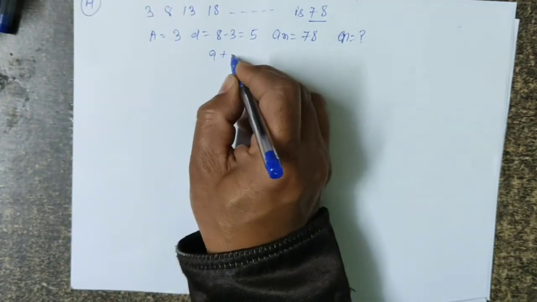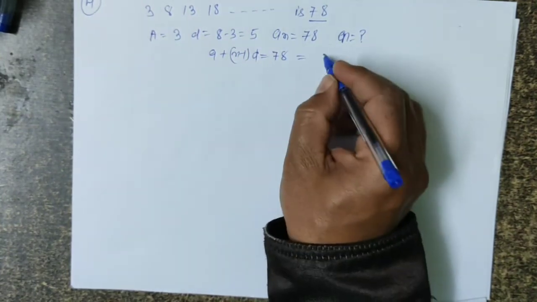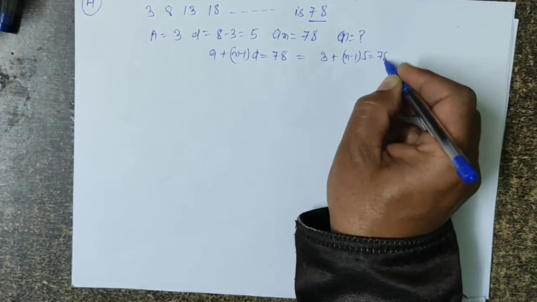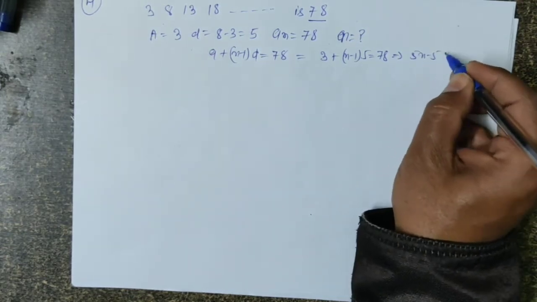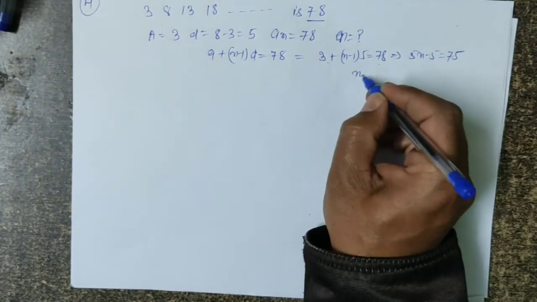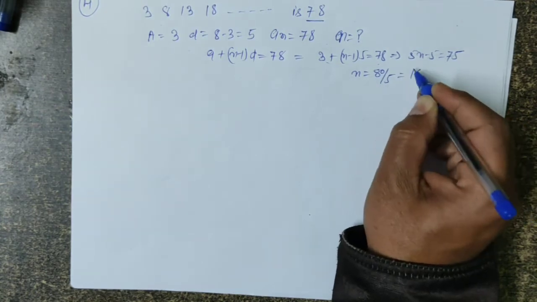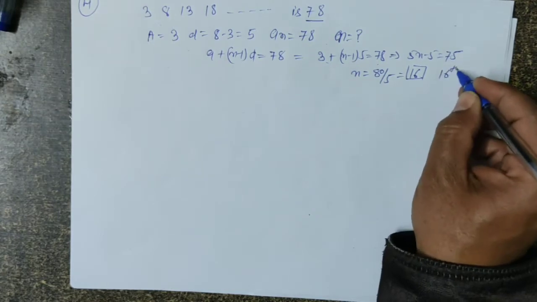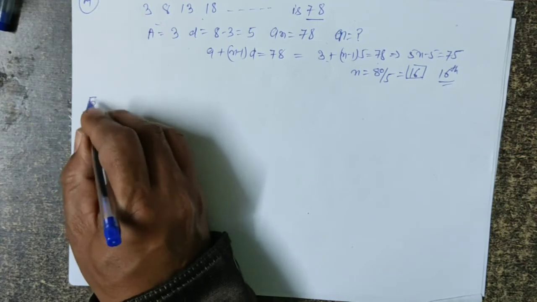Now a plus n minus 1 into d, that is 78. Therefore 3 plus n minus 1 into 5 equal to 78. 5n minus 5 equal to 78 minus 3, it will be 75. Clearly n equal to 80 upon 5, that is 16. Which term? That is called the 16th term. It is the 16th term of this AP is 78.